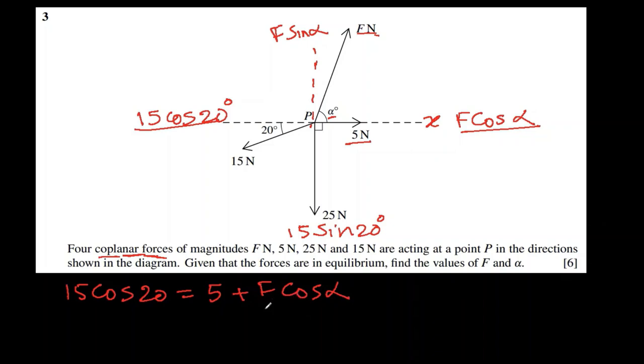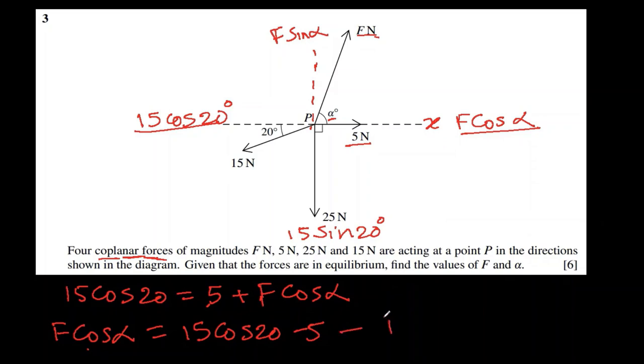I want to isolate this because I want only unknowns on one side. So I will write F cos alpha first. This 5 goes here and subtracts from this. So I will write 15 cos 20 minus 5. I changed their places, okay? So 5 went here, became negative, and then both of them exchanged their places with this, right? Then I did not change their signs. I kept them like this.